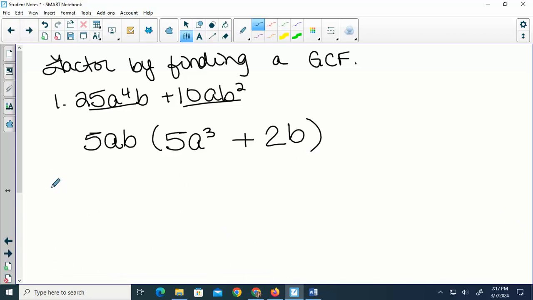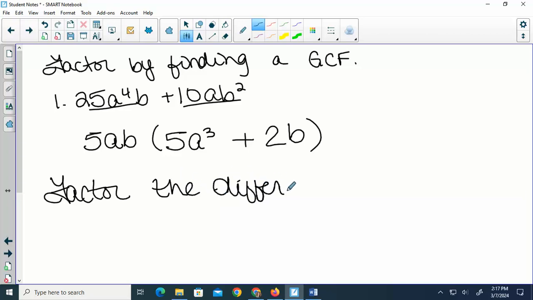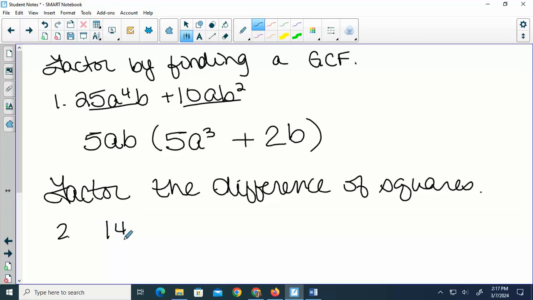Then we did difference of squares. That one is probably the one we need to review the most because we don't use it every day. So if I said 144 minus y to the 4th.